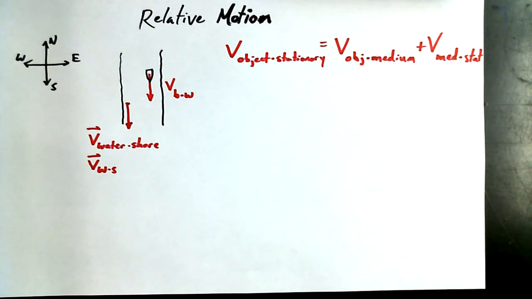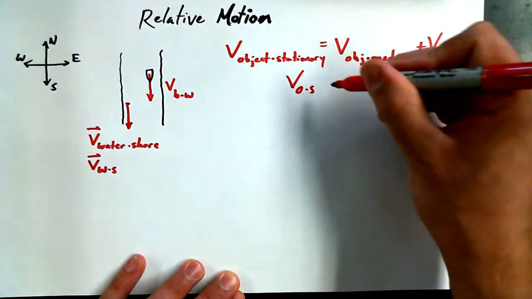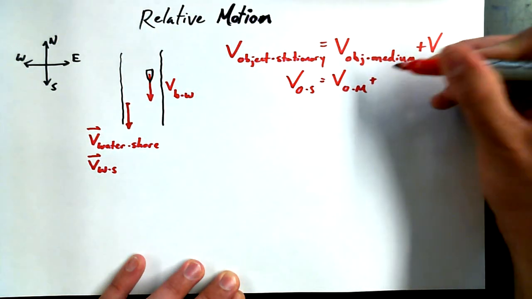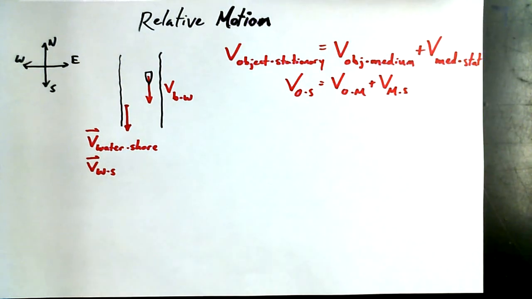Some stationary object, stat, stationary. And I could shorten this up just to make it a little bit less cumbersome with the subscripts. I could write it as VOS equals VOM plus VMS.